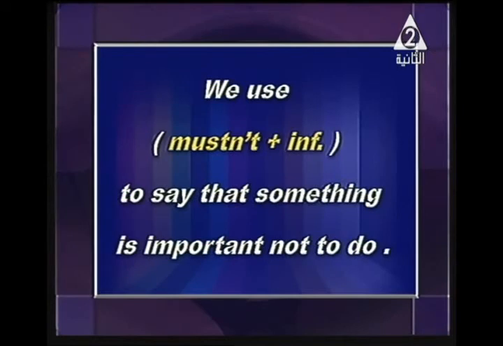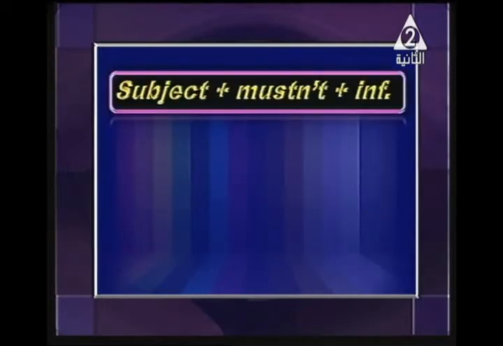We use mustn't plus infinitive to say that something is important not to do. Subject plus mustn't plus infinitive.